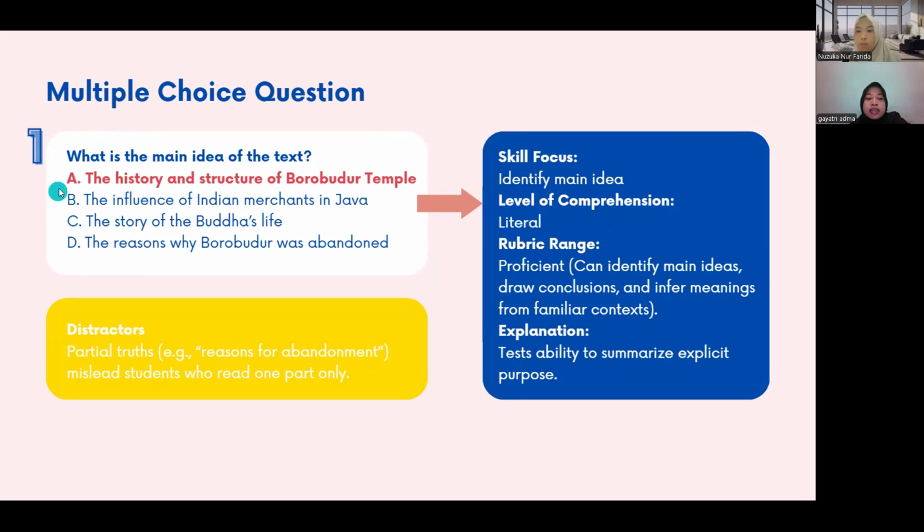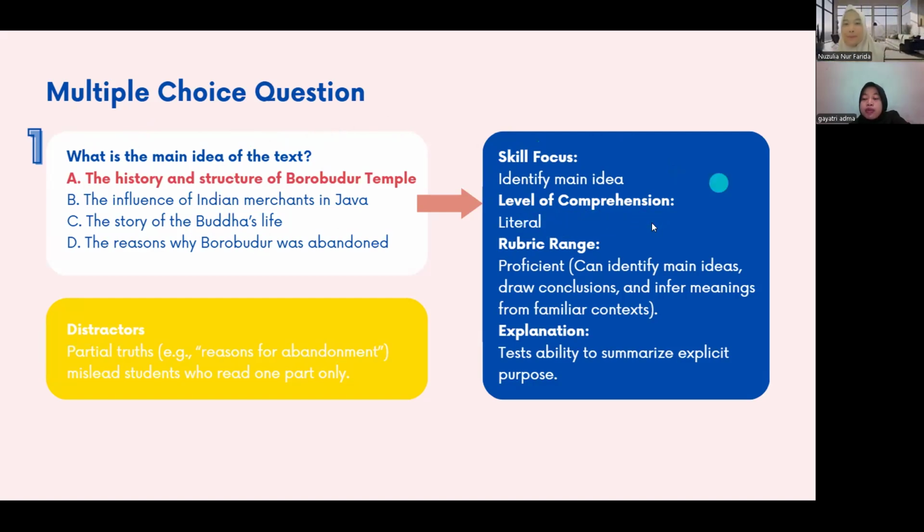And then I use these four options here, and I also define the structure of these four options. The focus of the question is to identify the main idea and to assess the level of students' reading comprehension, literal comprehension.